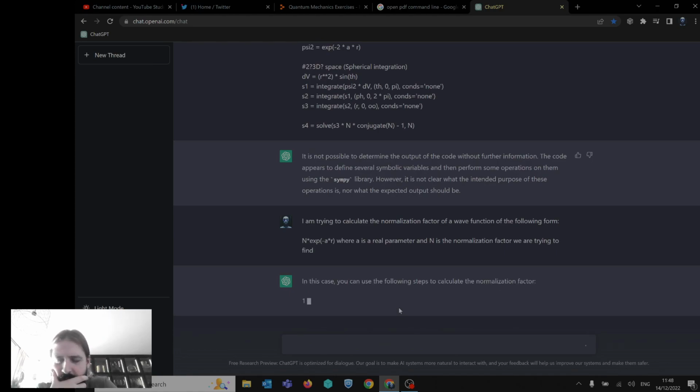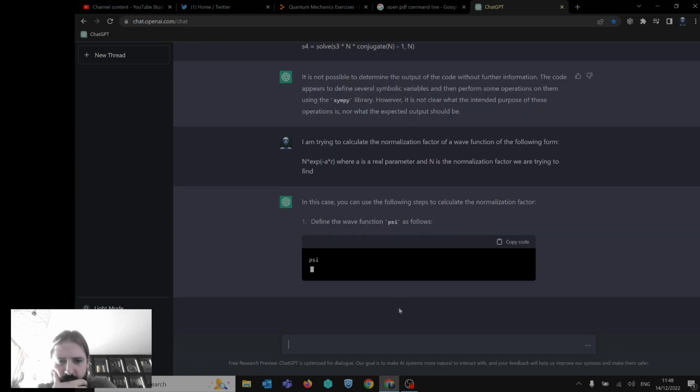In this case, the following steps to calculate the normalization factor. Okay, so define the wave function as follows.